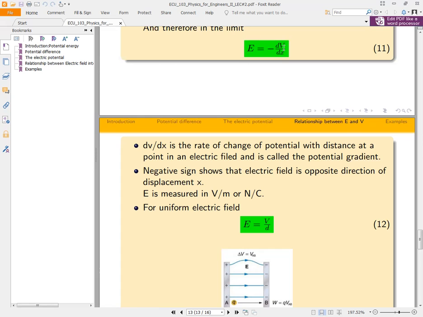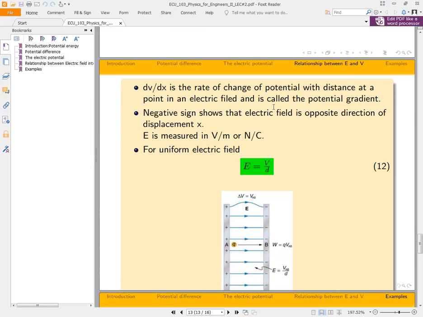Now equation number 12, like we have said, is for a uniform electric field, where we can say that electric field intensity is voltage divided by distance. Last week, we defined electric field intensity as force per unit charge.